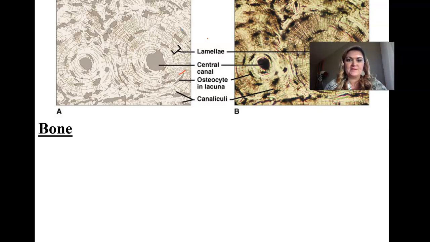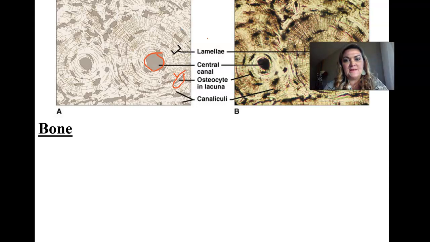Okay, so these circles inside are going to be openings called lacunae. Inside the lacunae, you're going to find a mature bone cell called an osteocyte. In the center of these structures, you're going to have an opening which allows blood vessels and nerves to go through. They're called Haversian canals.